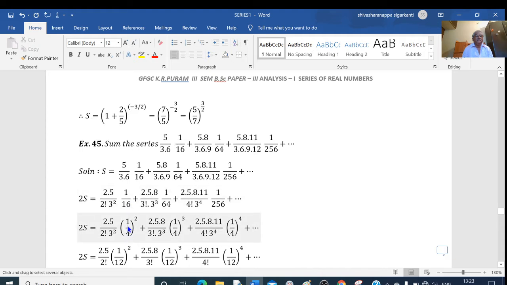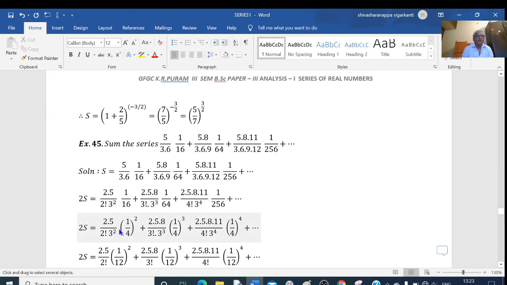I will write 1 by 16 as 1 by 4 to the power of 2. That is, I want to make this one term, x by q. Plus 2 5 8 divided by 3 factorial 3 cube, 1 by 64 can be written as 1 by 4 to the power of 3, plus 2 5 8 11 divided by 4 factorial 3 raised to 4, and 1 by 256 can be written as 1 by 4 to the power of 4.